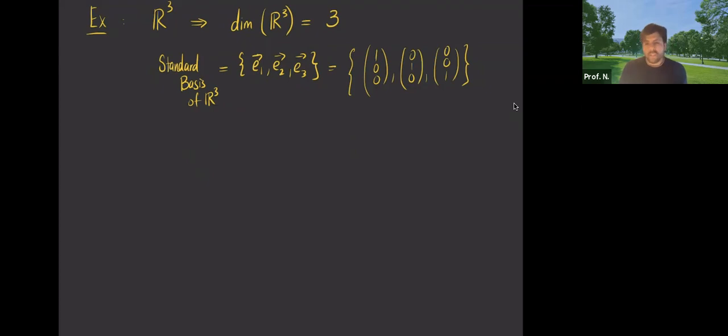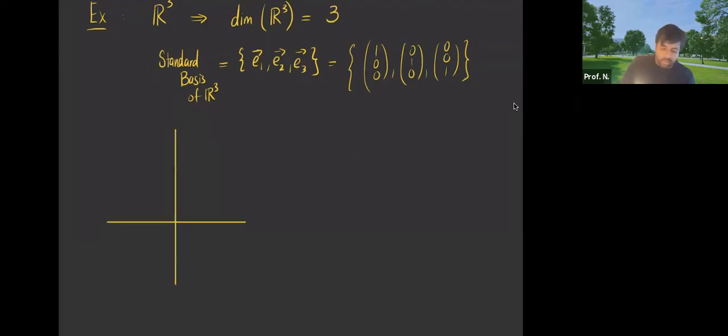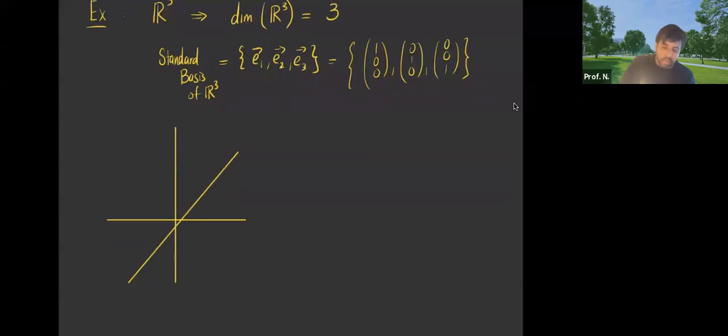And there's infinitely many bases for R3, for example. You can choose a plethora of three vectors, and as long as they're linearly independent and they span everything, then we're good. So literally you can select three vectors in space.